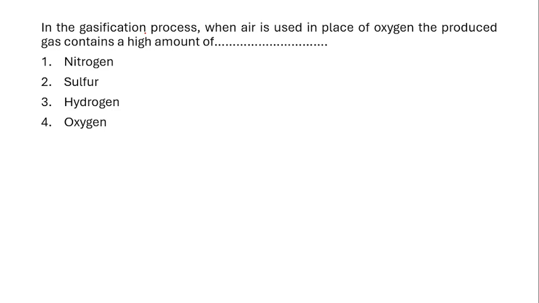If you are using air, then the nitrogen will be present in your product as nitrogen dioxide, nitrous oxide, or nitrogen itself, because air contains both nitrogen and oxygen. So the extra item present in your producer gas when you use air is nitrogen.